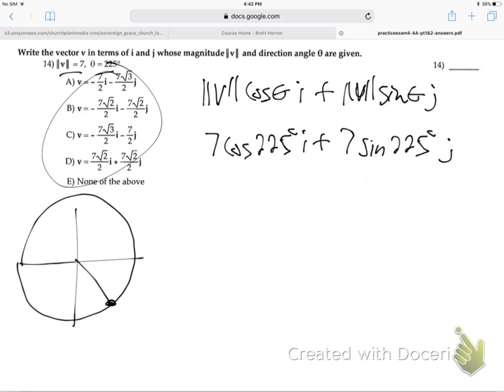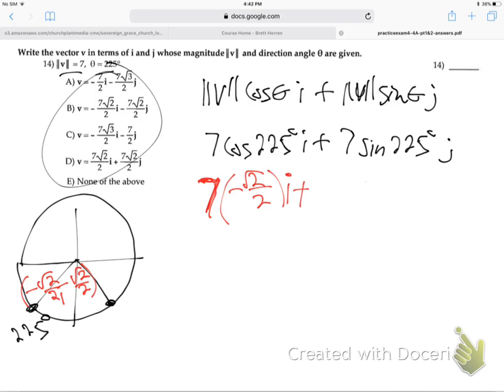Find 225 degrees, which is right there. That's back root 2 over 2, down root 2 over 2, both negative. So this is 7 times negative root 2 over 2 i, plus 7 times negative root 2 over 2 j.